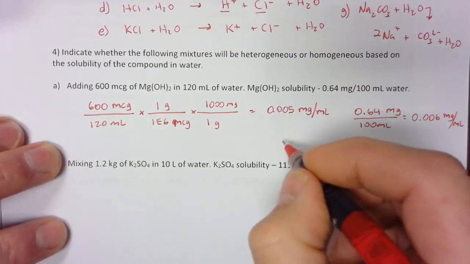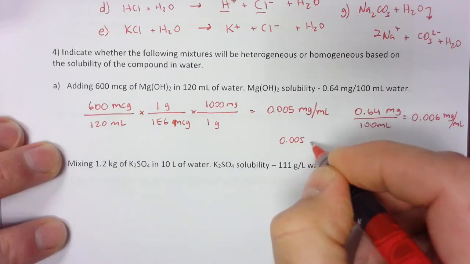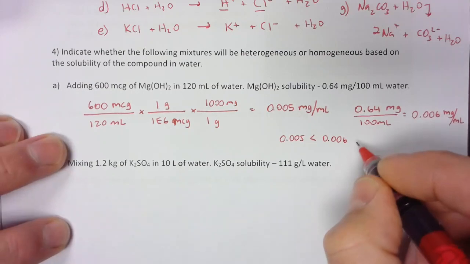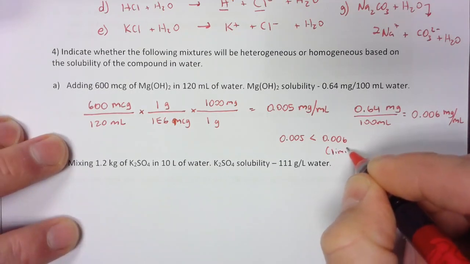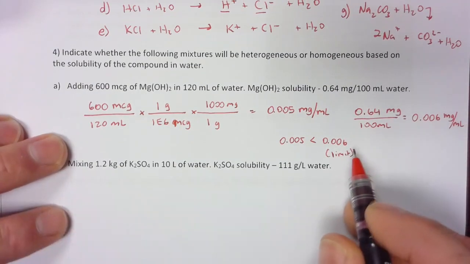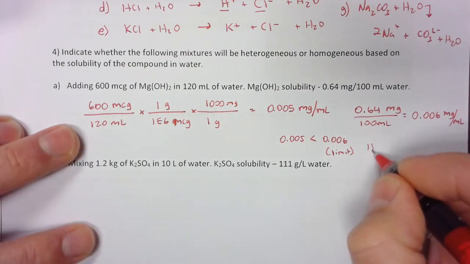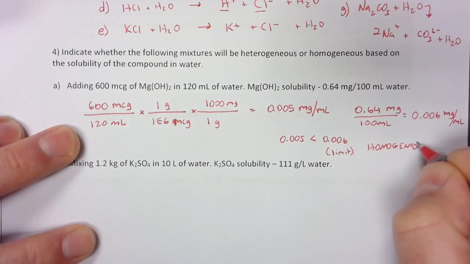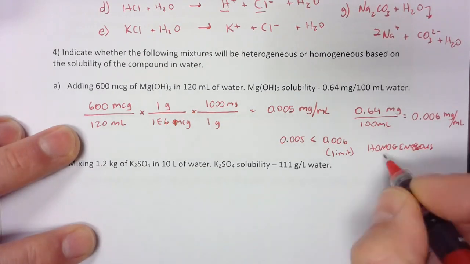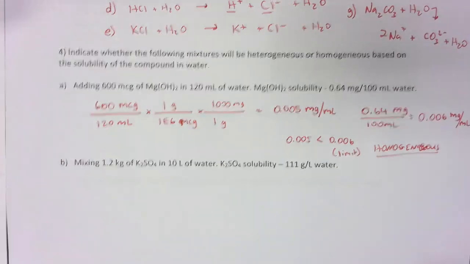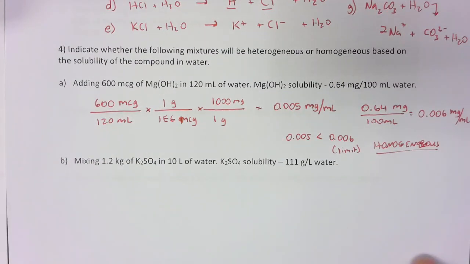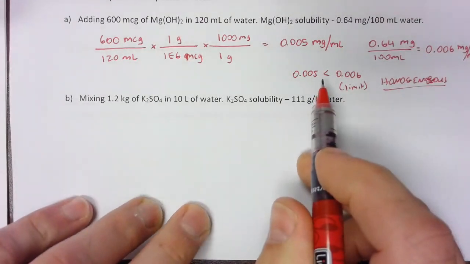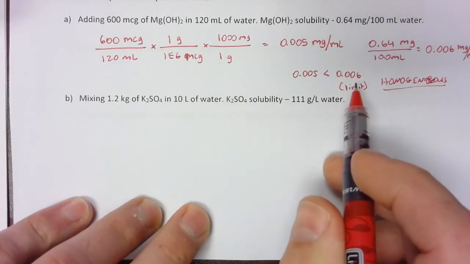Since this is less than the limit, then it will be a homogeneous mixture. All of it will dissolve. If it was more than this limit, it would be heterogeneous, because not all of it would dissolve.